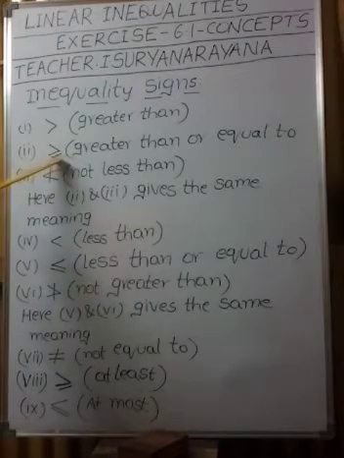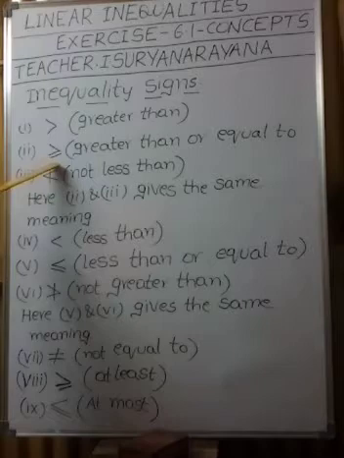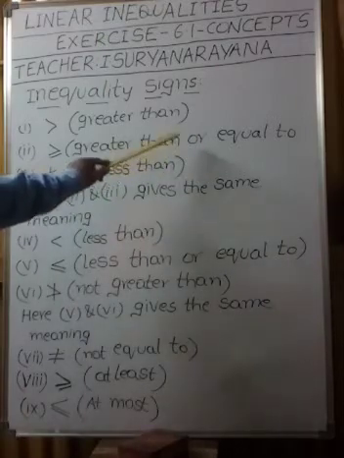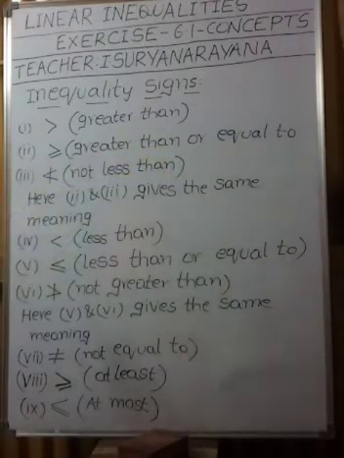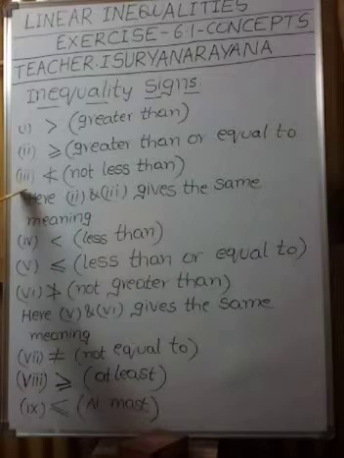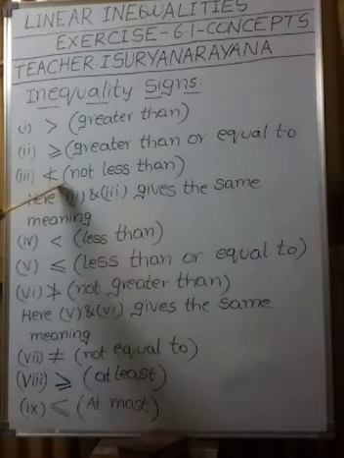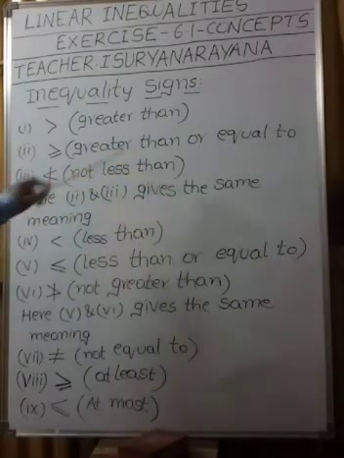See here, greater than, a line is there under the greater than symbol, so this sign denotes greater than or equal to. Third one, this is not less than. This inequality sign is called not less than.